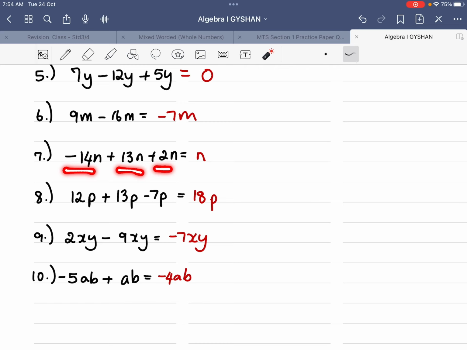And they are all in terms of n. 12 plus 13 is 25. 25 minus 7 is 18, so that's 18p. 2 minus 9 is minus 7, so that's minus 7xy. And minus 5 plus 1 is minus 4, so that's minus 4ab.